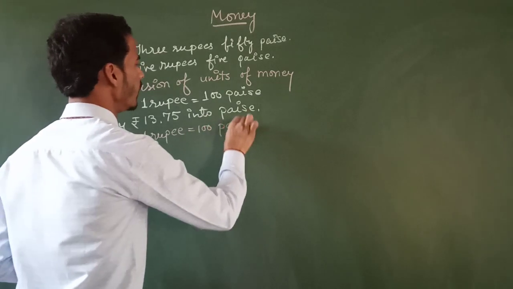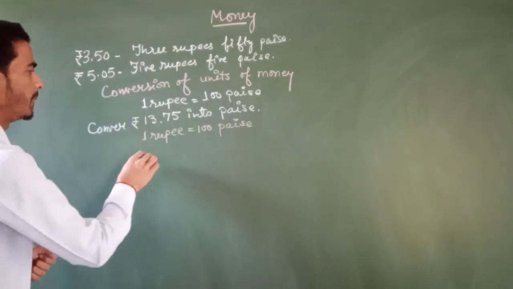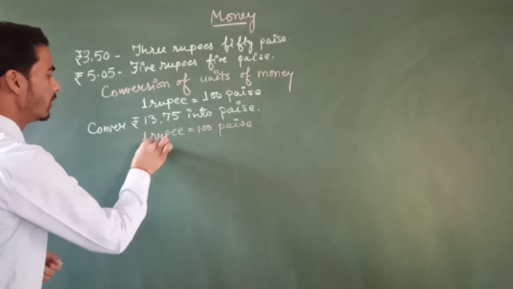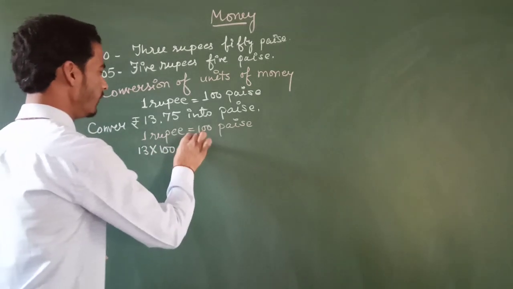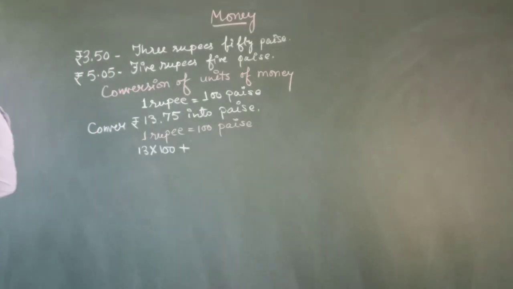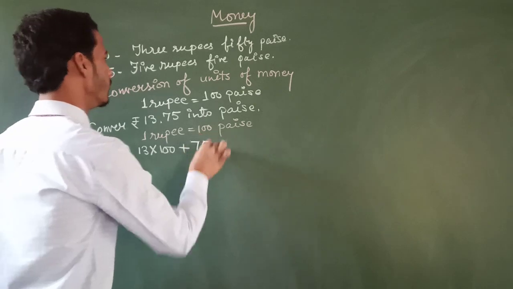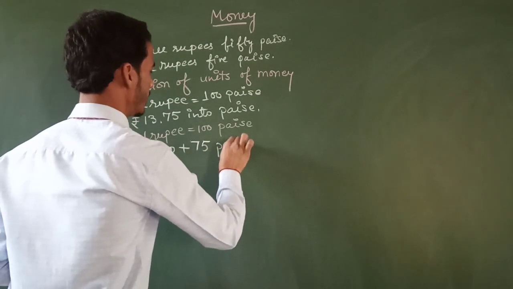So we can say that it is 13 multiplied by 100 plus 75 paise.